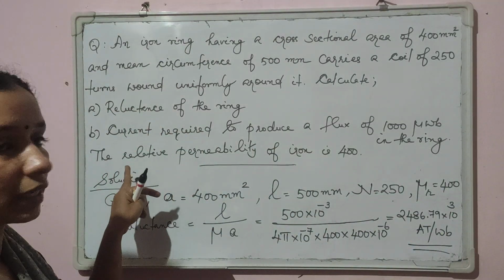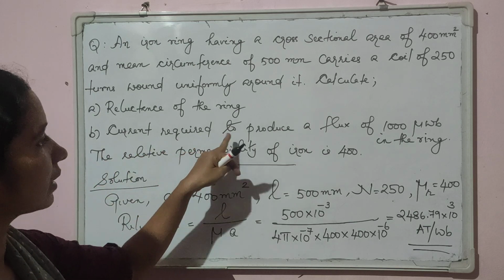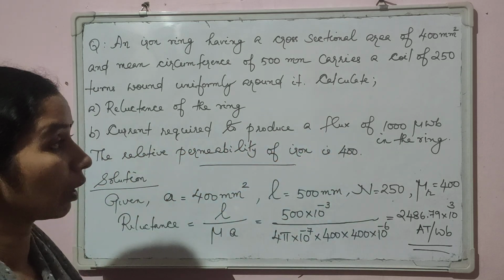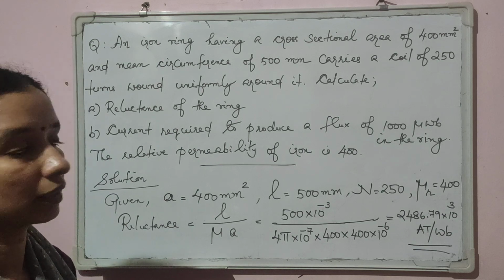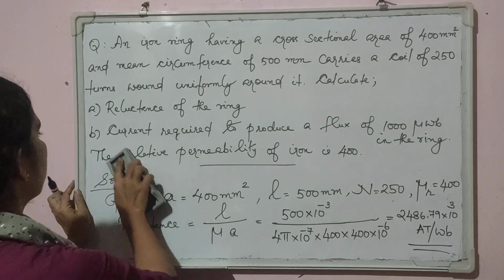And as the second part, we have to calculate current required to produce a flux of 1000 microwebers in the ring.